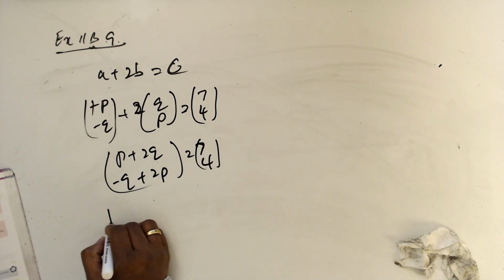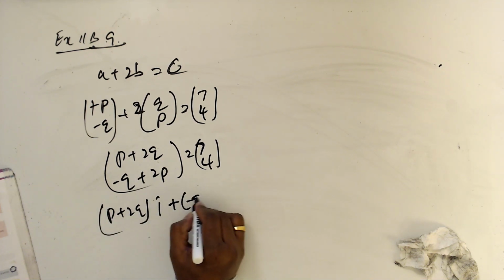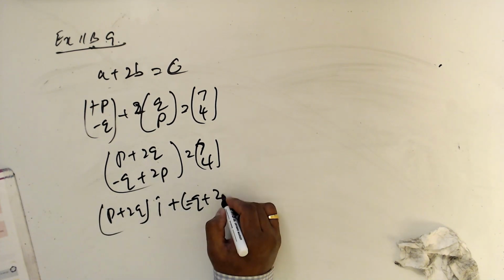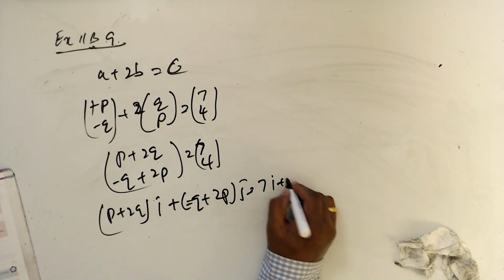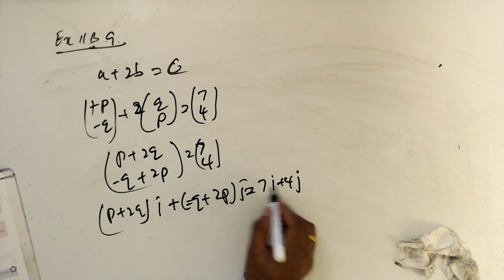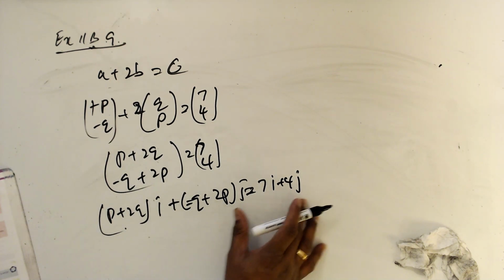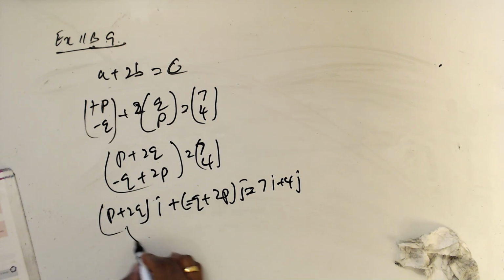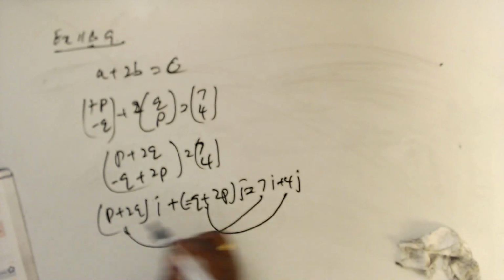It means p plus 2q i plus minus q plus 2p j equals 7i plus 4j. To be equal, the i components and j components should be equal separately, otherwise it doesn't work.